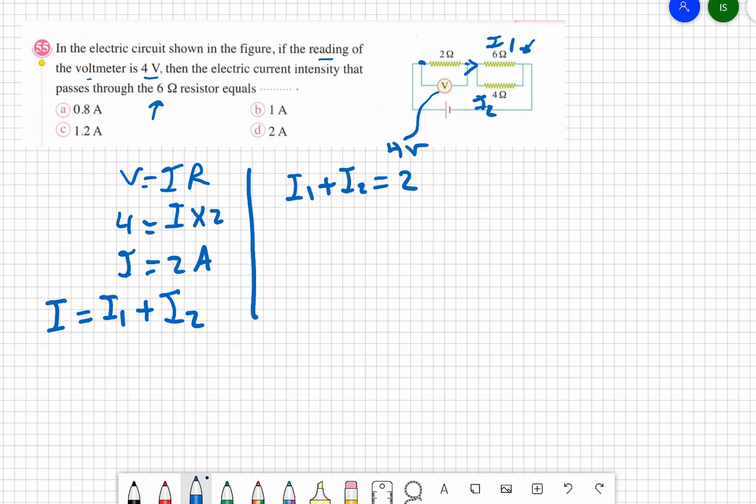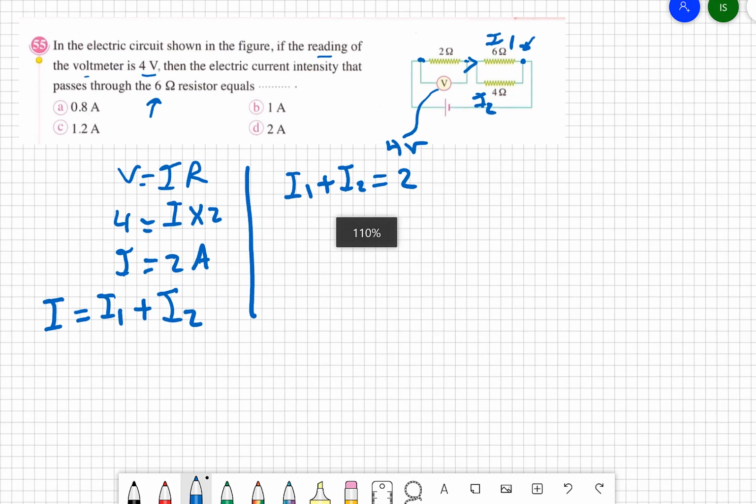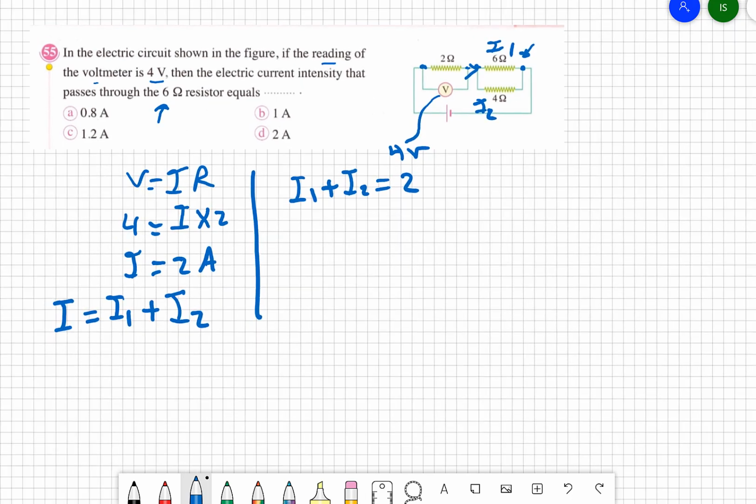You know well another thing: the potential difference between these 2 points is the same, right? So I1 times R1, which is 6, equals I2 times 4. So what do you need? I2, right?